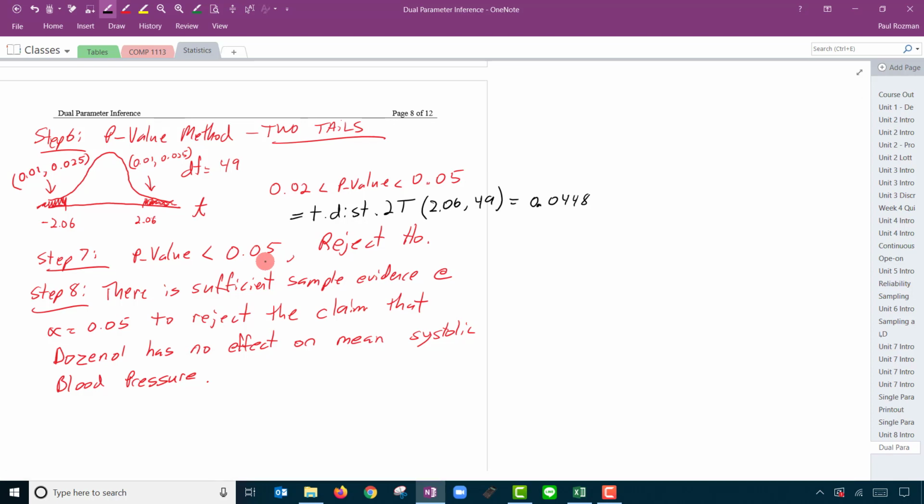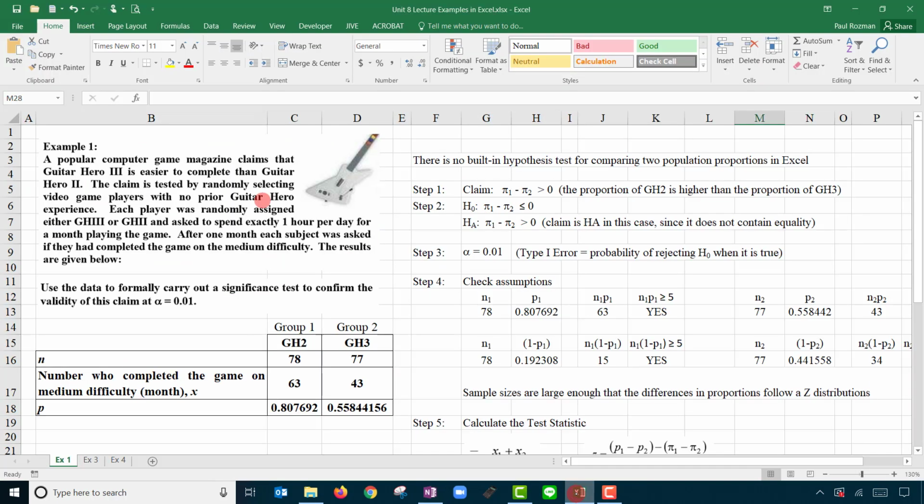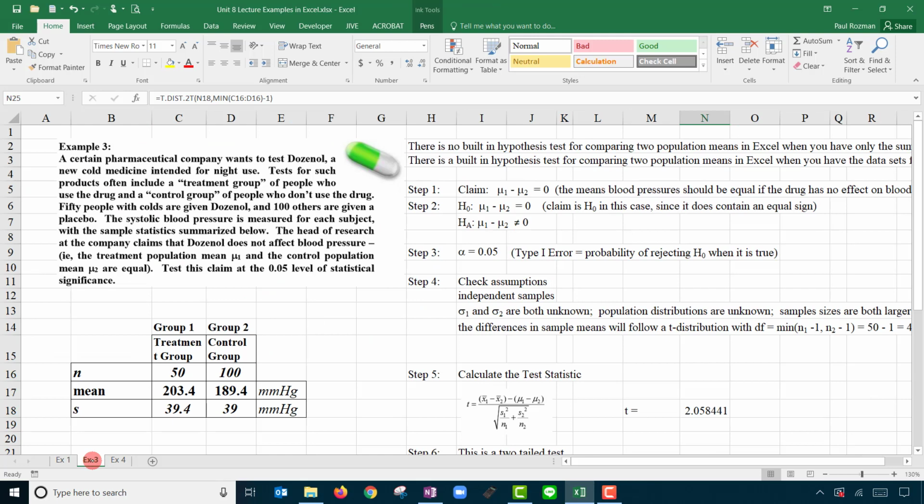I did this in Excel as well, so you can take a peek at this example. Again, I followed through the exact steps. I wish Excel had a built-in hypothesis test where you could just give it the data and it would give you the p-value. And it actually does if you have the raw scores.